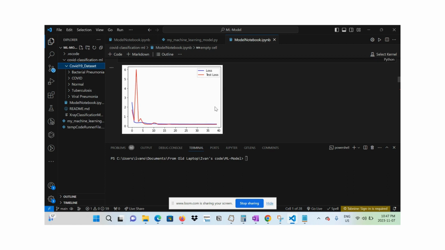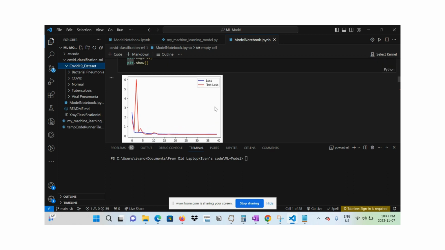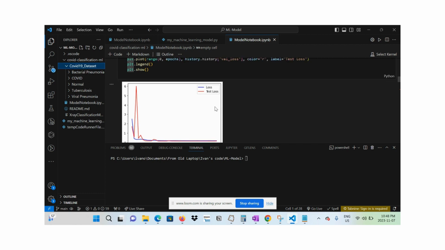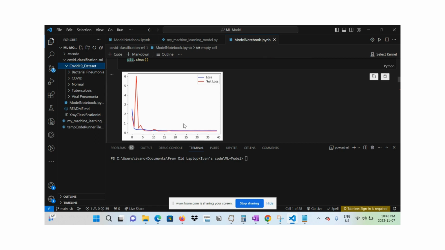So the development here, as you can see, this is the loss and test loss function, and essentially it's the function and the code to measure to what degree the model is wrong. You want to decrease the level to which it's wrong in terms of its analysis and detection. And as you can see, as the epochs increase, because it's 5 epochs, 10 epochs, 15 epochs, meaning the training passes increase, the loss function decreases, meaning it's becoming more accurate over time.